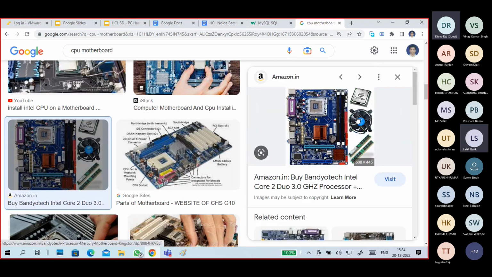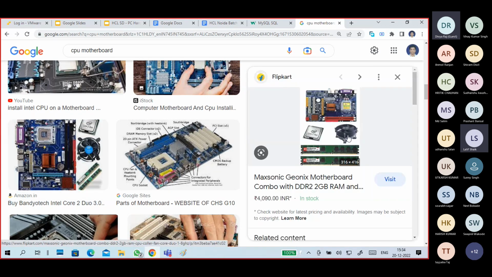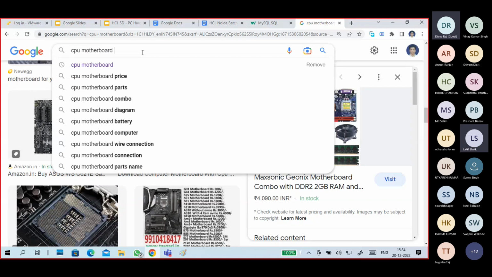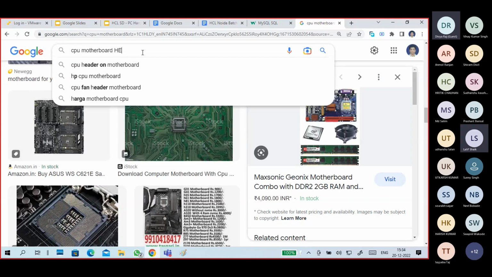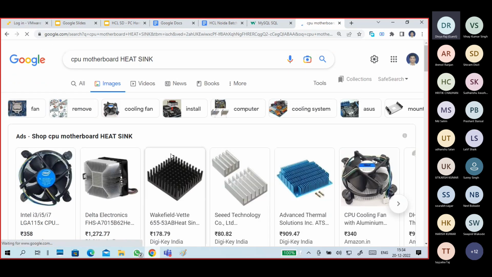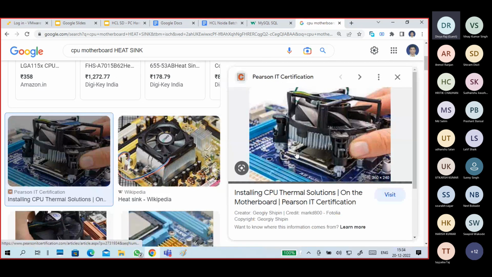This is the heat sink fan and heat sink. They will put a heat sink on this processor.